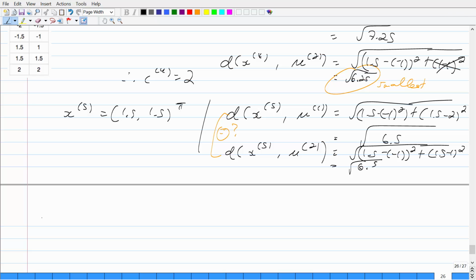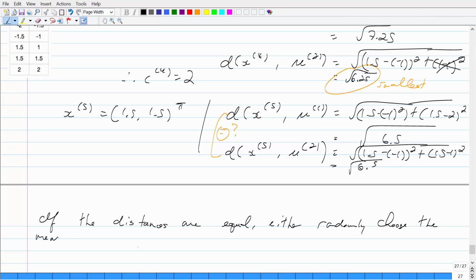Let me just write that down. You won't get this for the final; I will make sure that the distances are unique. So if the distances are equal, you can either randomly choose the membership because it can fit into either one, or choose the first centroid to produce the smallest distance, or last.